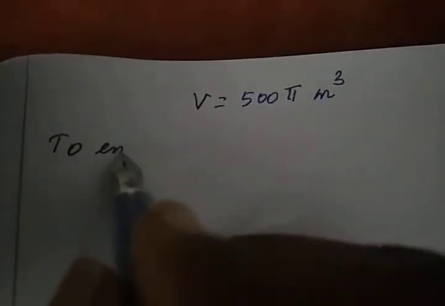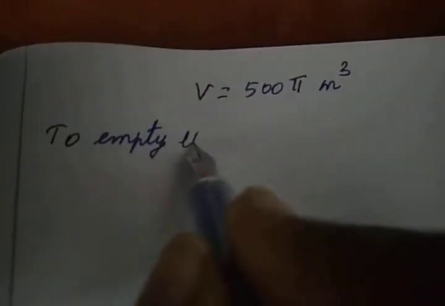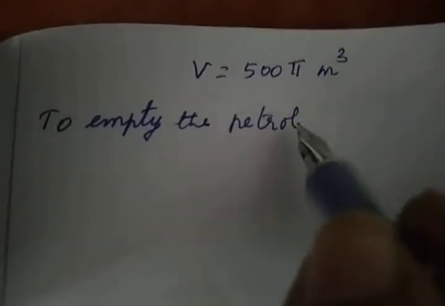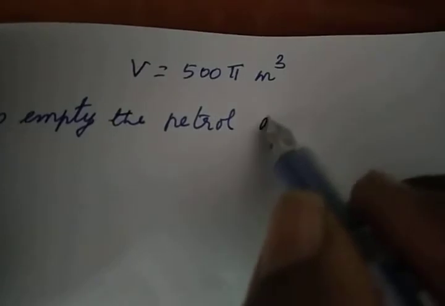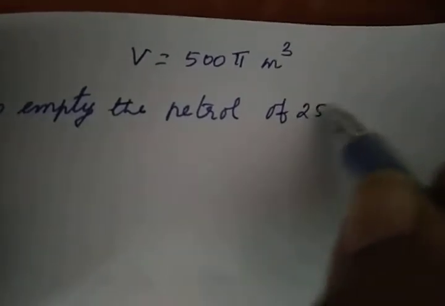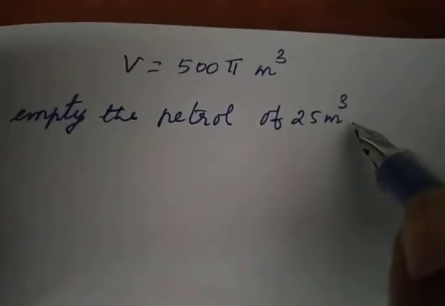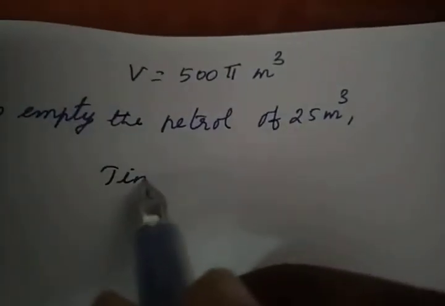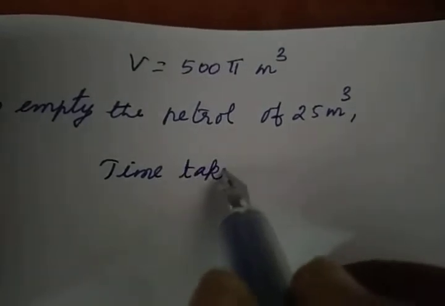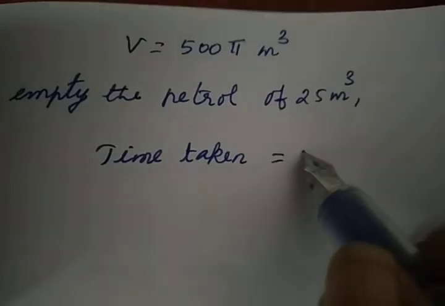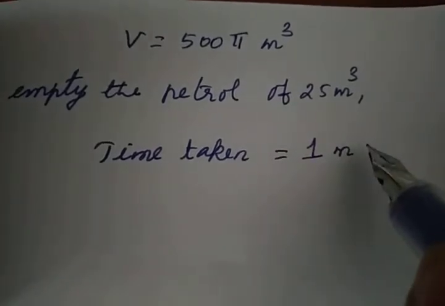Now the next step, to empty the petrol, of 25 meter cube of petrol. Cubic meter or meter cube, both are same. The time taken is 1 minute.